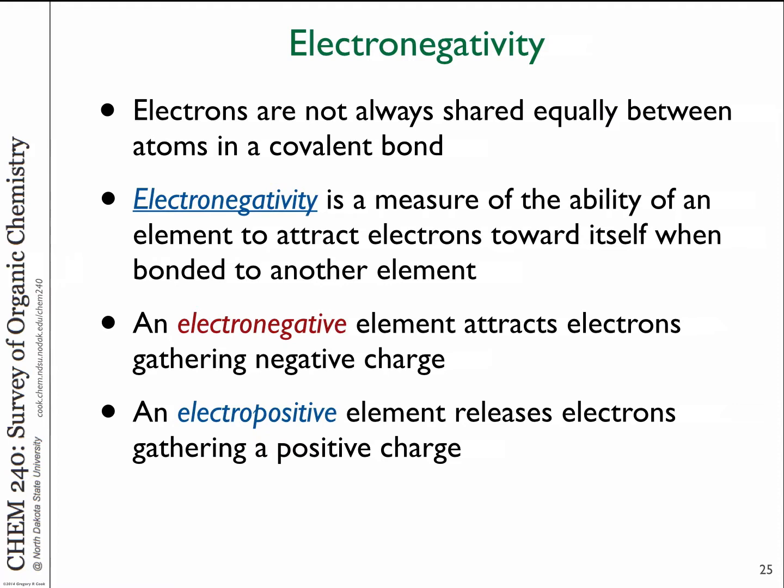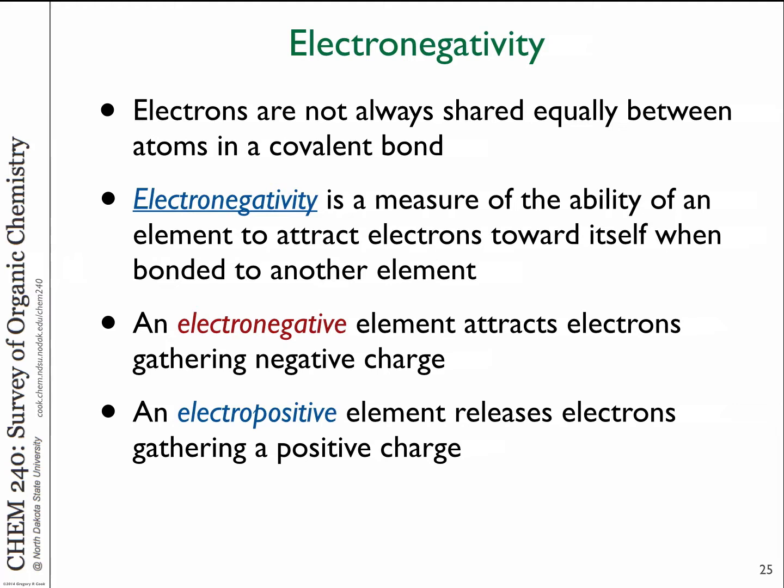And there's an electronegativity scale, the Pauling scale, on which every atom's electronegativity has been measured and is known. But it is the ability of an element to attract electrons towards itself when it's bonded with another element. That's what we refer to as electronegativity.